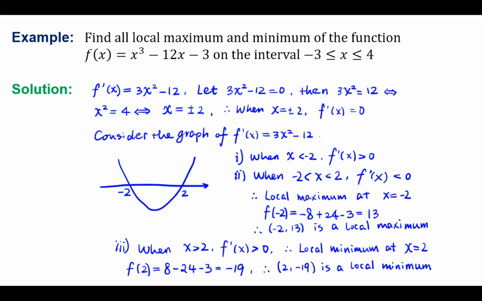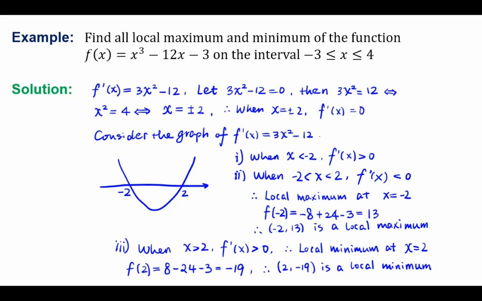And when x is between -2 and +2, according to the graph of the derivative function, we know f prime x is less than 0, right? Okay, therefore we see when x is smaller than -2, first derivative is greater than 0, and when x is greater than -2, first derivative is smaller than 0.